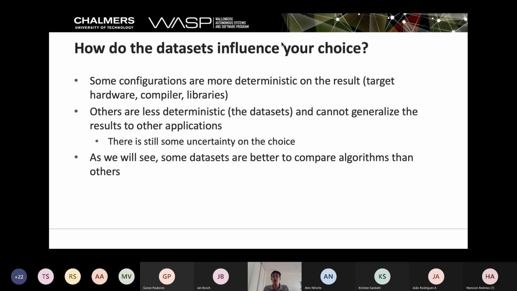And the choice of different data sets will lead to different results even if you're talking about the same machine learning application. You cannot generalize results from one data set to another because there are also uncertainties in the choice of data set used to evaluate different machine learning algorithms. And as we will discuss next, some data sets are better to compare algorithms than others.